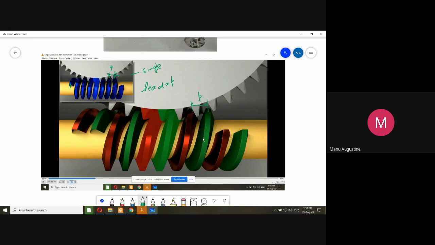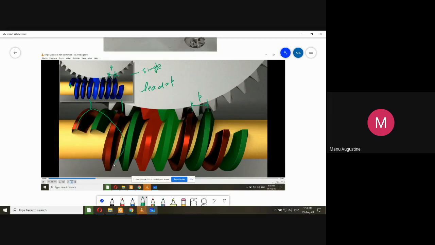But what is the lead? When it meshes with the actual gear teeth, I already told you that the double start worm will make two teeth move together. So the lead is actually measured as the distance between one particular thread's start and its next particular occurrence. So you see, this red tooth is going like this.